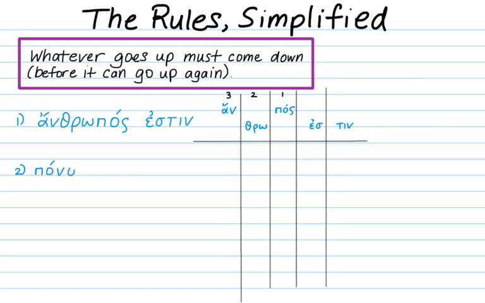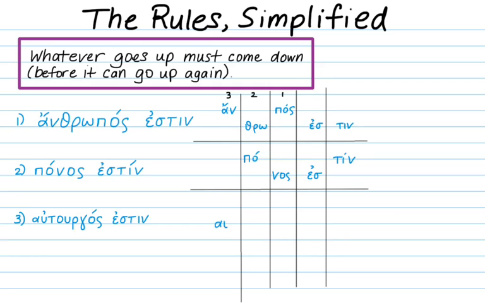In the second rule, your pitch is up for po, you come down for nos, and then estine retains its original accent, estine. In the third rule, your pitch is down for au, stays down for tur, goes up for gos, and then estin has lost its accent to gos.